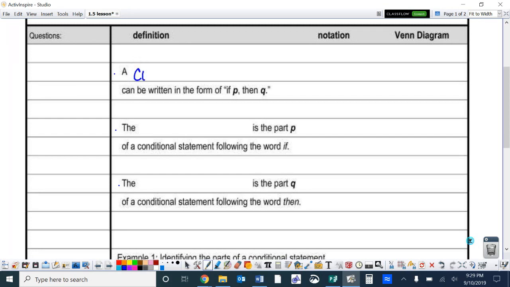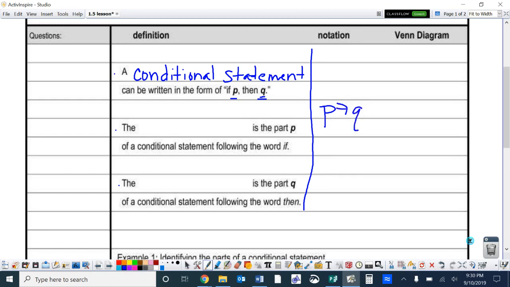So a conditional statement can be written in the form of if P, then Q. The notation or symbols that we use can be written as P first with an arrow and then Q. This is read if P, then Q.